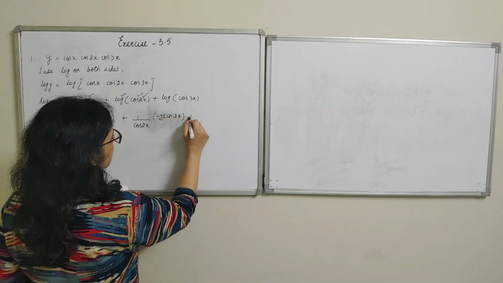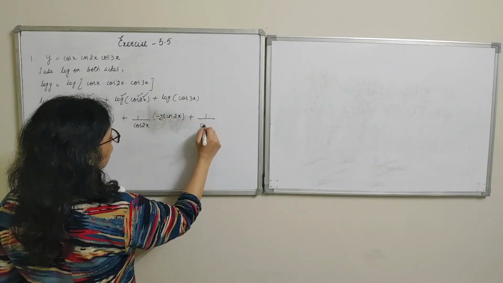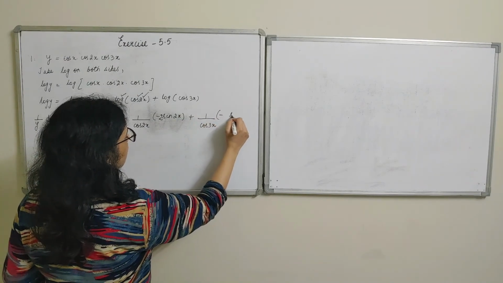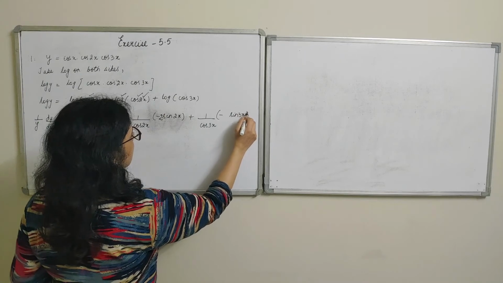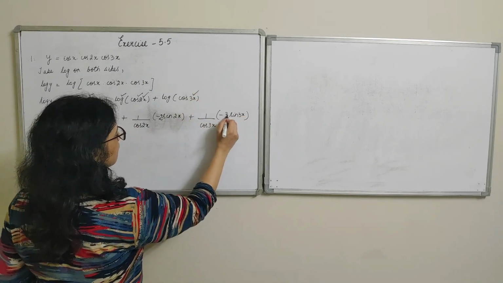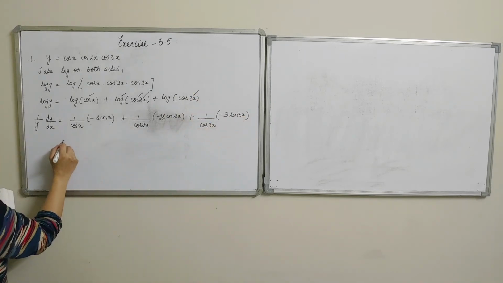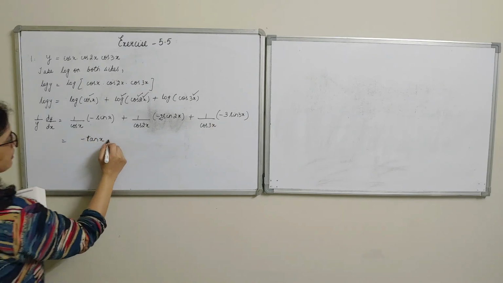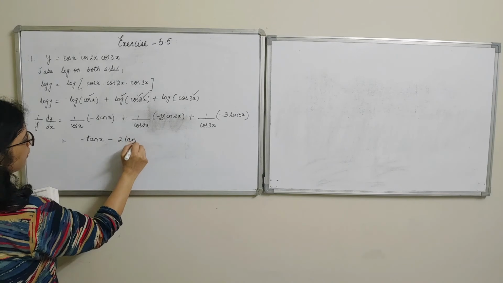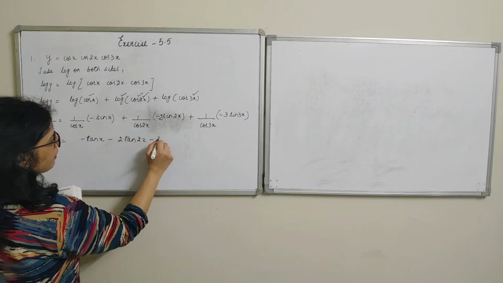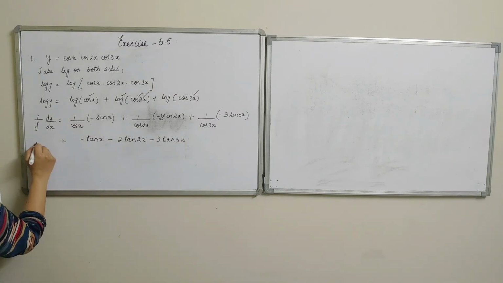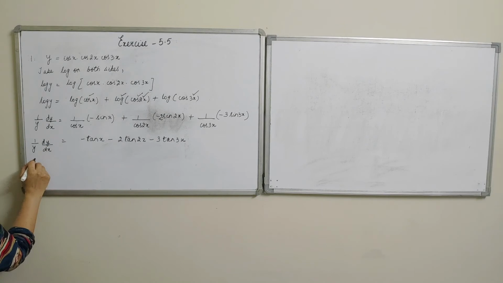Moving on to the next term, derivative of log function, then derivative of cos function minus sin 3x, and the derivative of angle 3. So this way you can see on the right side we have minus tan x minus 2 tan 2x minus 3 tan 3x, which is 1 upon y dy by dx.